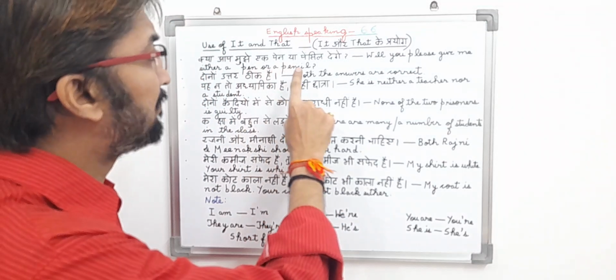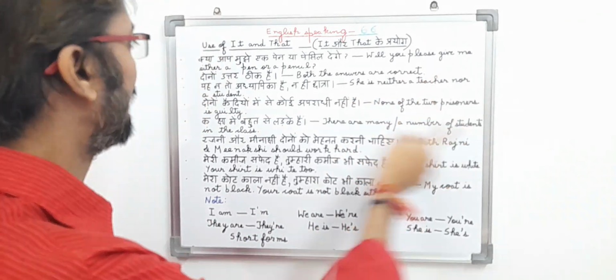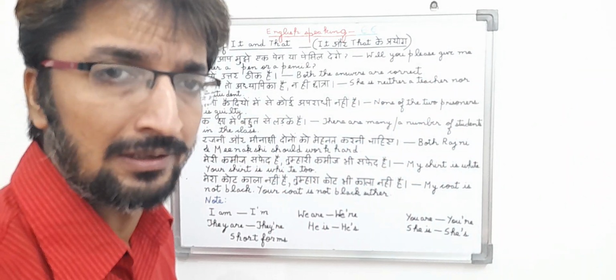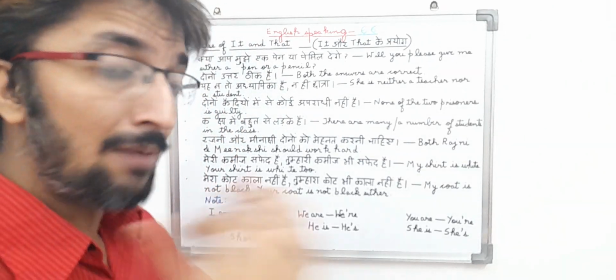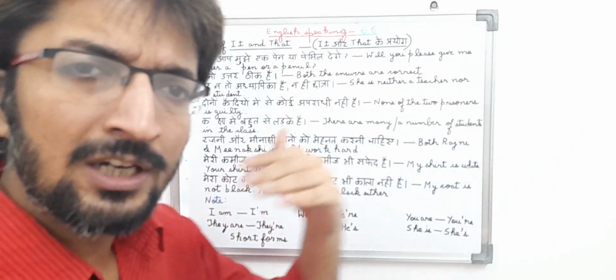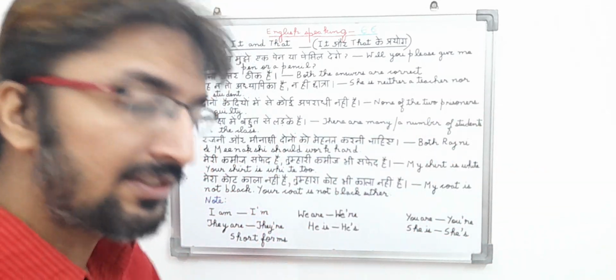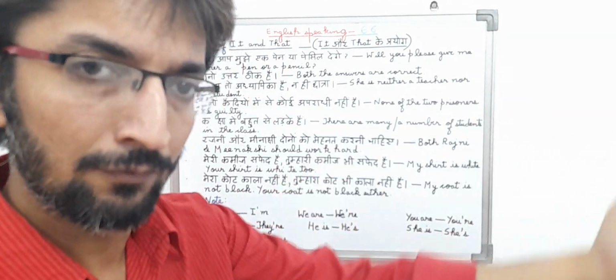क्या आप मुझे एक पेन या पेंसिल देंगे? So in English it means: will you please give me either a pen or a pencil. So friends, basically it is an interrogative type sentence and it is a request type sentence, because the person is basically asking for a product from another person.